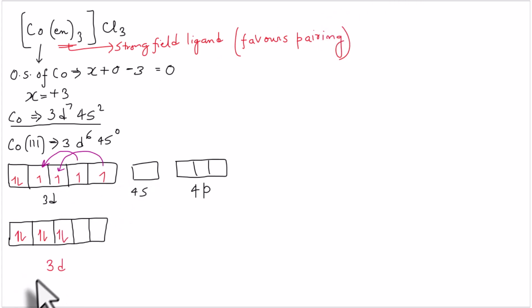So this is the situation after the pairing has occurred. Do we have any unpaired electrons? No, we do not have any unpaired electrons here. So the nature of this complex is diamagnetic. So Co(en)3Cl3 is a diamagnetic complex.